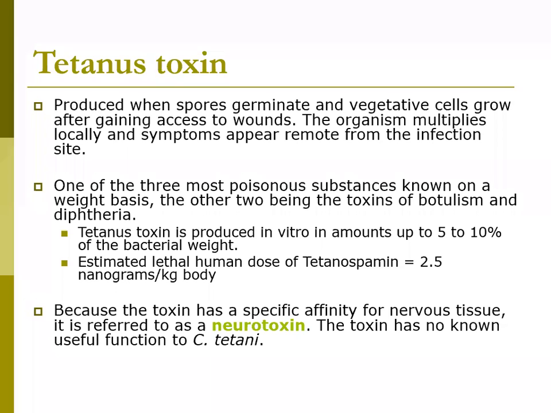If it's below this level, it won't cause any symptoms. This toxin has a specific affinity for nervous tissues, which is why it is also known as neurotoxin. But it has no useful function associated with Clostridium tetani.